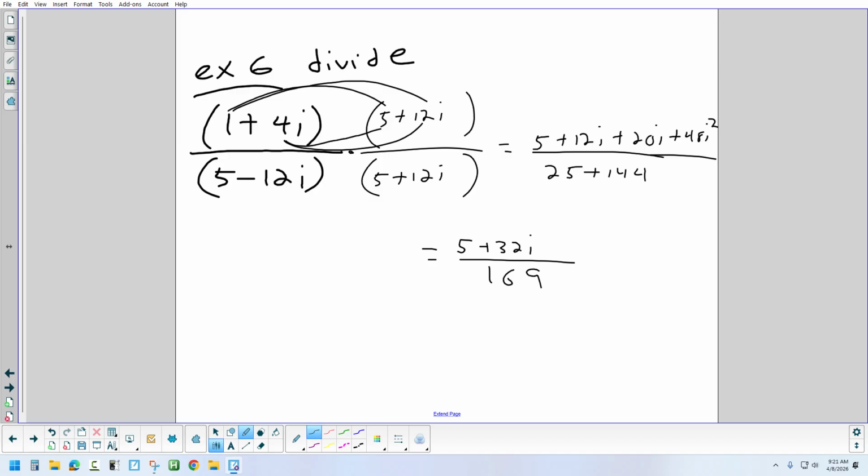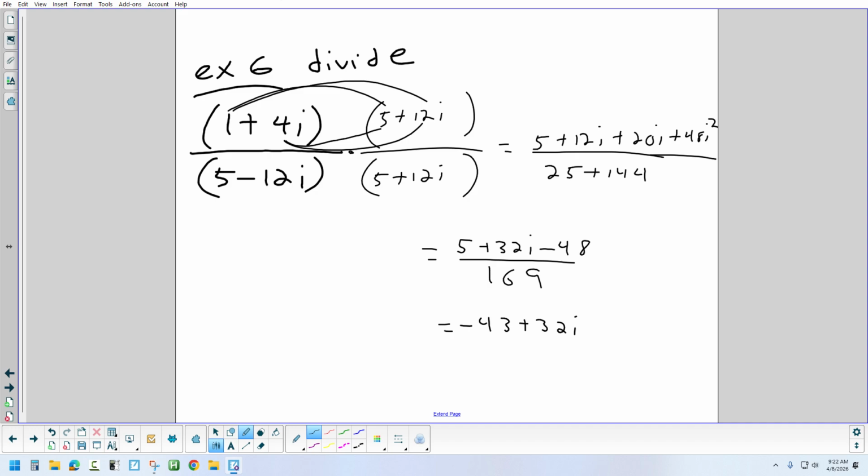And what's going to happen to 48i squared? It's going to become negative 48. Okay, so we got that. Last thing we need to combine in the top is 5 minus 48. Yep, negative 43.